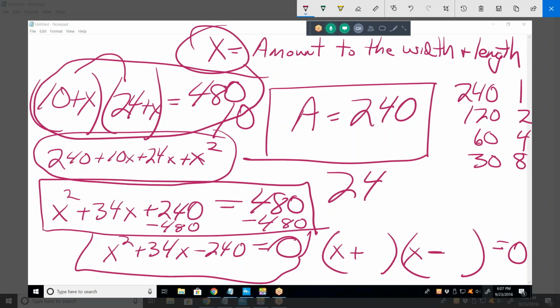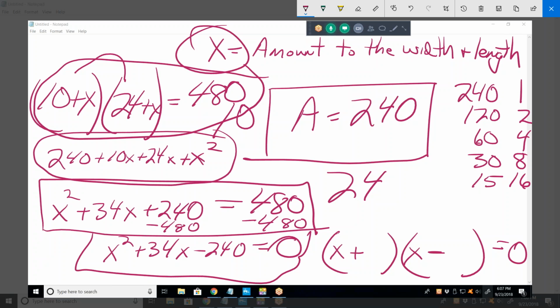Do I have anything yet that subtracts to 34? No, not yet. Let's keep going. No, 15 and 16. Okay, now, can I do anything with that? It doesn't do any good to take the 16 and cut it in half. That just gives me the factors that I had above it.